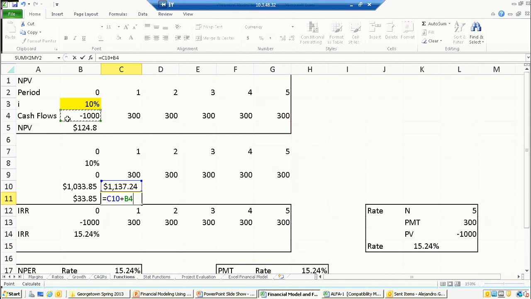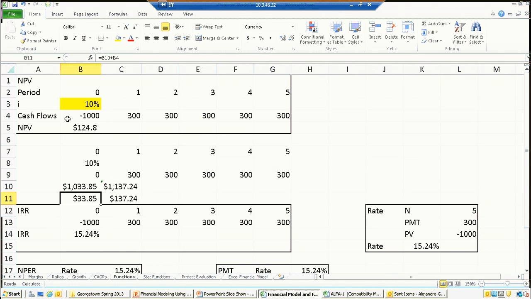It's a different value. So the right way of doing it is the way on the top. You need to allow Excel to know that time zero is the initial cash flow.